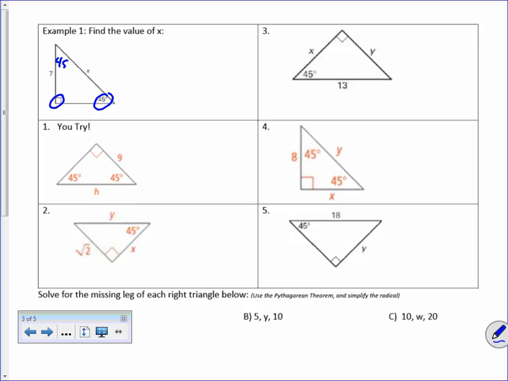So the rule is, if you're trying to find the hypotenuse, that is just one of the legs times root 2. One leg is 7, that means the other leg is going to be 7. And the hypotenuse is just leg times root 2.